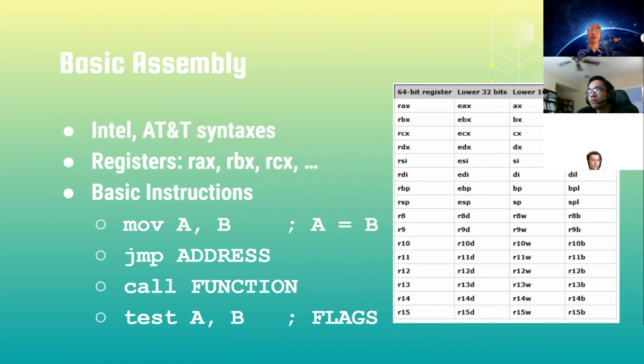You're not really moving something from B to A. B stays the same, but A gets the value from B. And then there's also the jump instruction, which basically sets the next instruction to something else. So instead of going from instruction 3 to instruction 4, if you have a jump instruction that says jump to 5, it just sets the program counter to 5 and then runs from there.